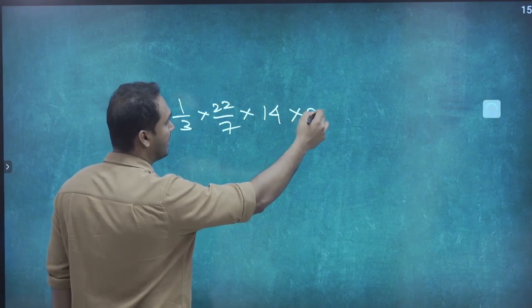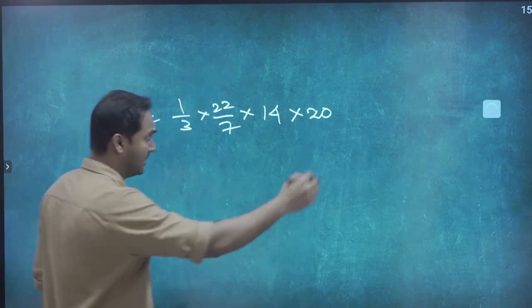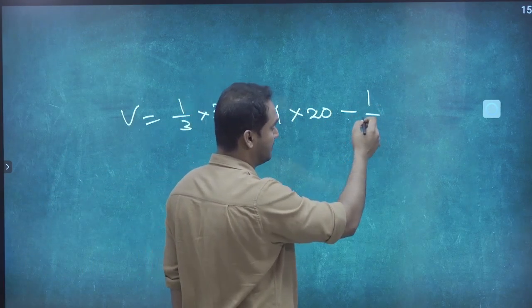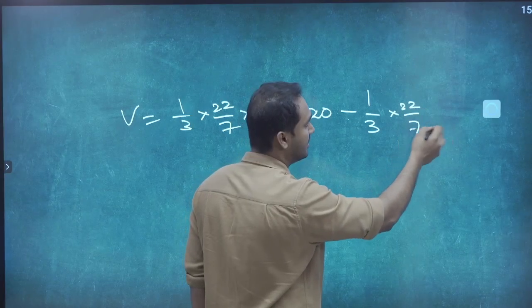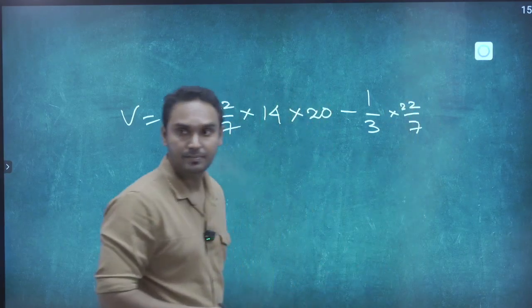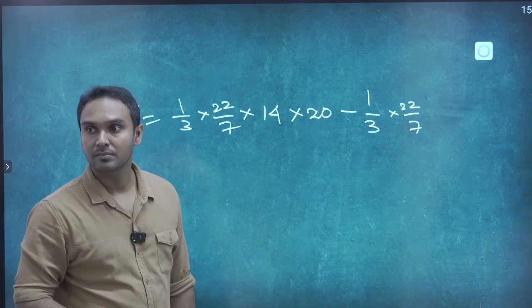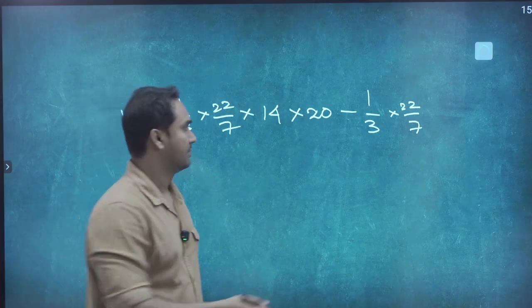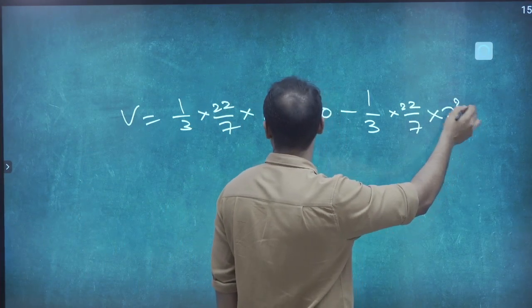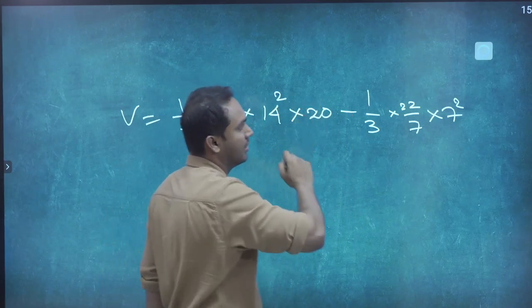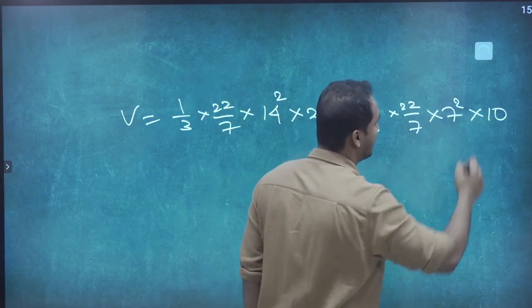And the height is 20, right? And it should deduct the volume of the small cone: one-third, 22/7, r is 7, and it's squared, right? Even this is squared. H is 10.